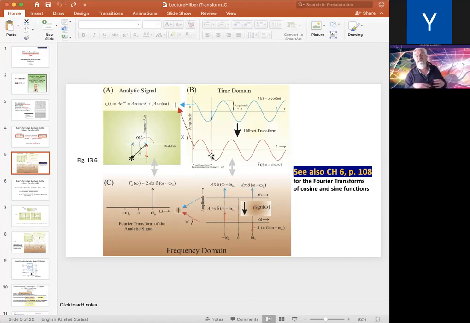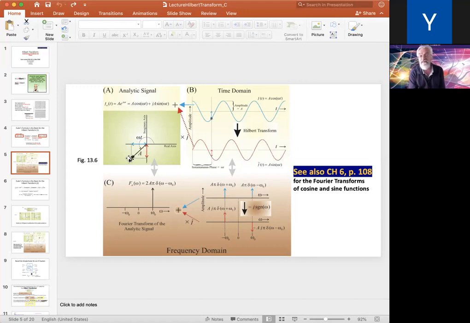And you can see that the analytic signal in this case, if the amplitude is 1, is just basically a phasor, a line on the unit circle, where omega t is the phase, the instantaneous phase, and where the absolute value a is the amplitude, the instantaneous amplitude of that signal.